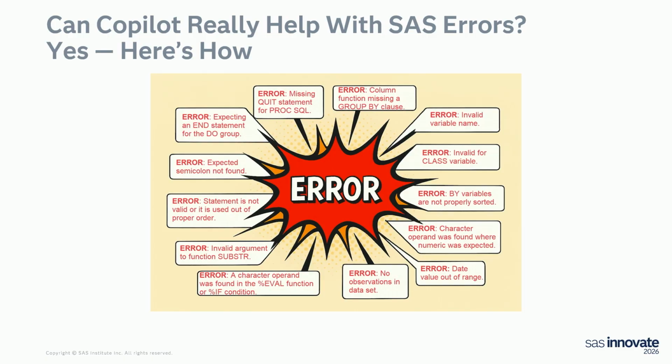Just think, you have your SAS code in one area, you have the error log in another, and you put that into Copilot and say, now that you see my logic, can you interpret this error? I can't figure out this error. You can now ask it, and it can give you a detailed explanation of what's going on and what could be a cause or problem within your code.